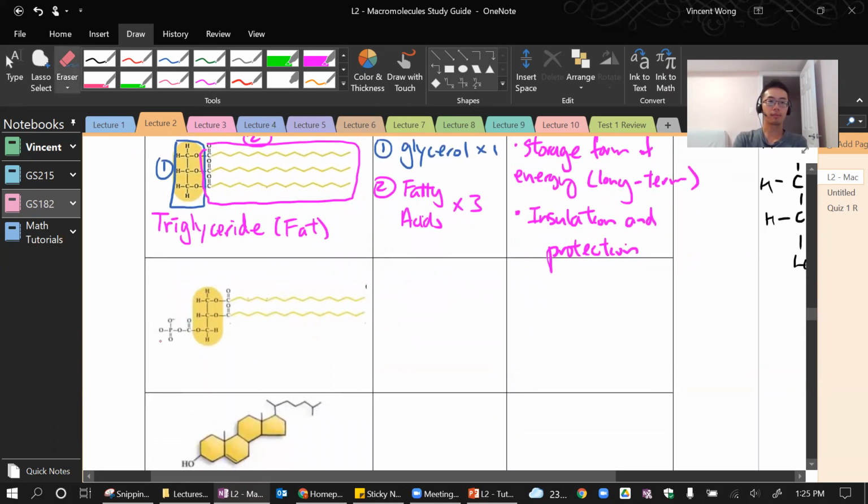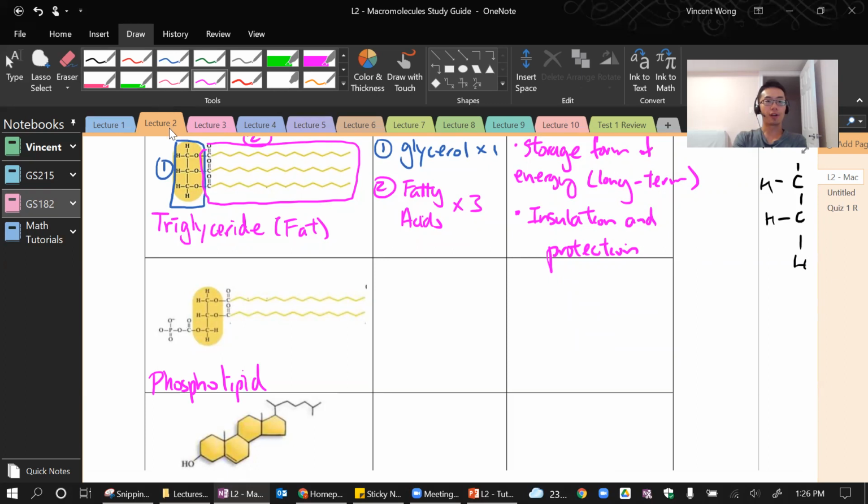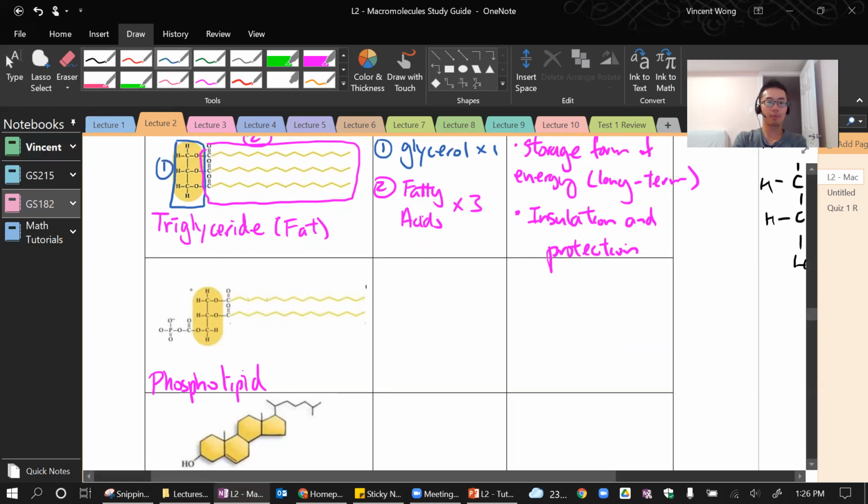Next one. What is shown in the picture here? Anybody know what that's called? No? Okay, that is phospholipid. Phospholipid has three components to it.